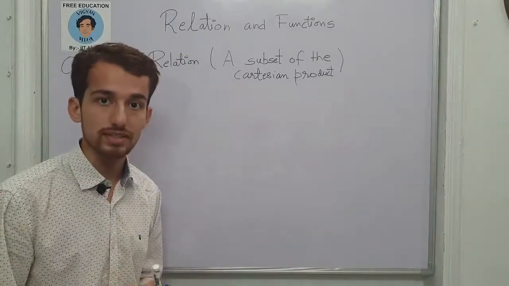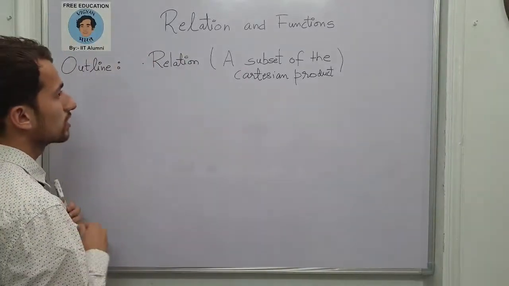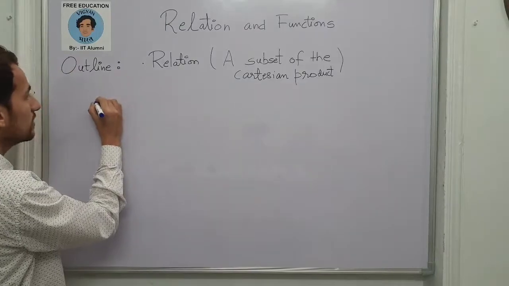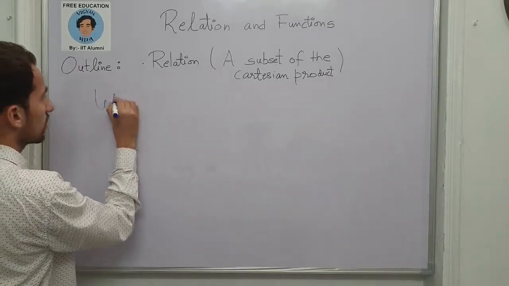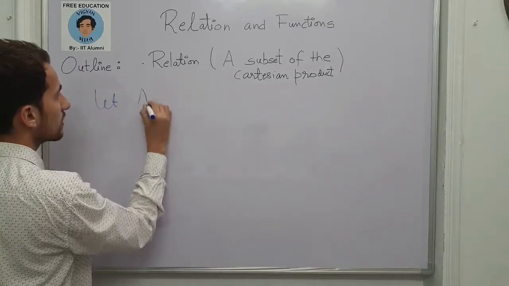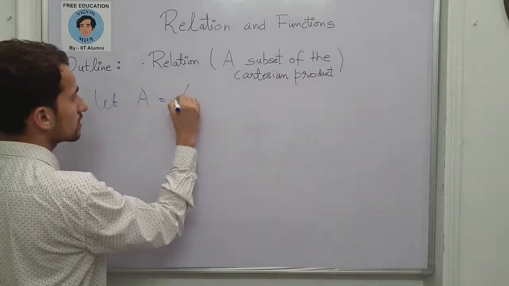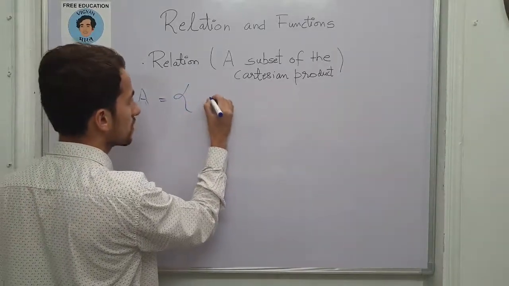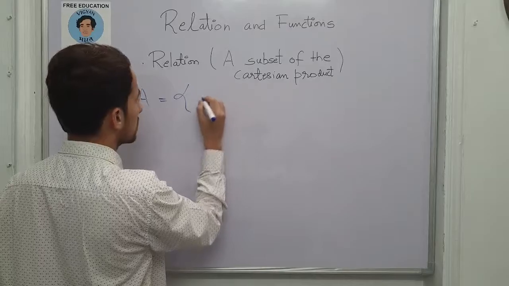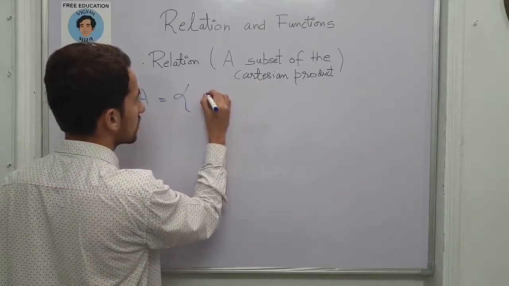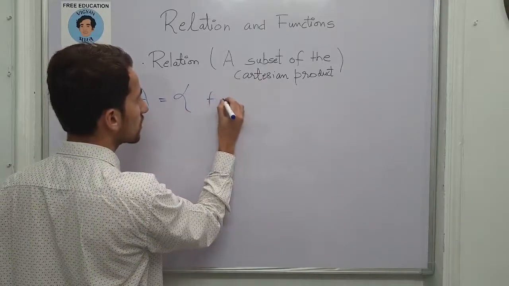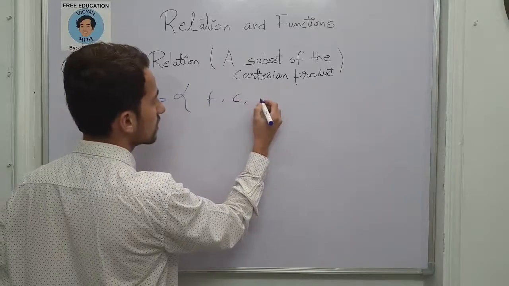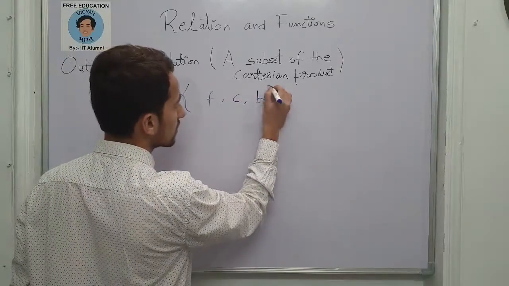Taking two sets basically. The first one, let me take a set A, or let A be a set consisting of elements, suppose say small f, small c and b.